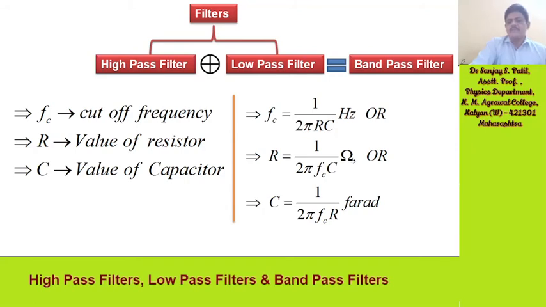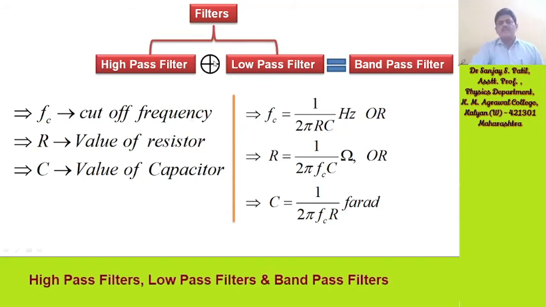Or capacitor C is equal to 1 upon 2 pi into cutoff frequency into value of resistance R, and unit is farad. So this is about the designing part: what value of resistor and what value of capacitor to be taken into consideration for finding the cutoff frequency, that we have taken here.